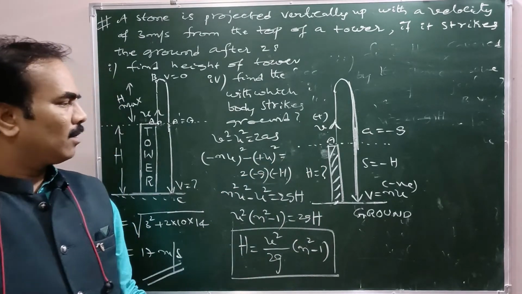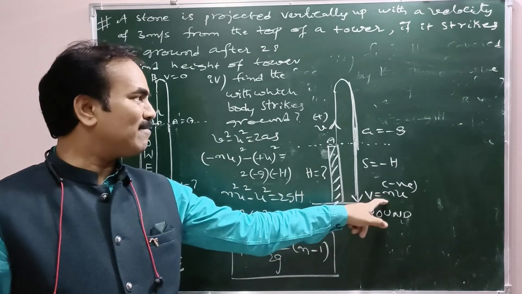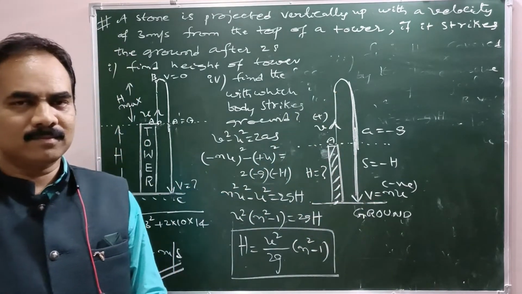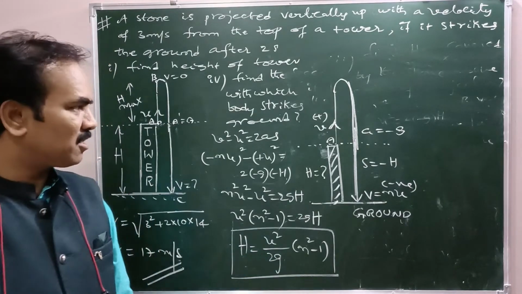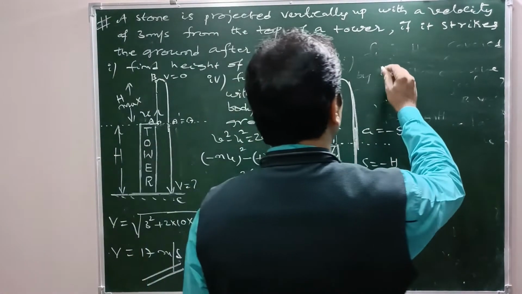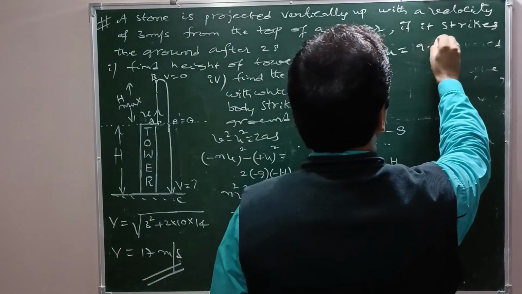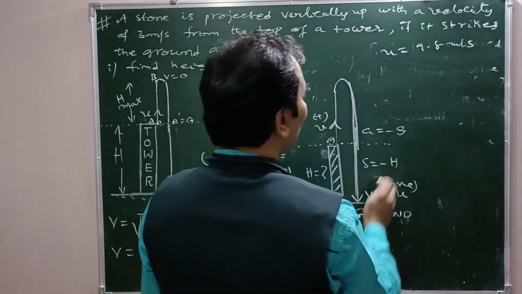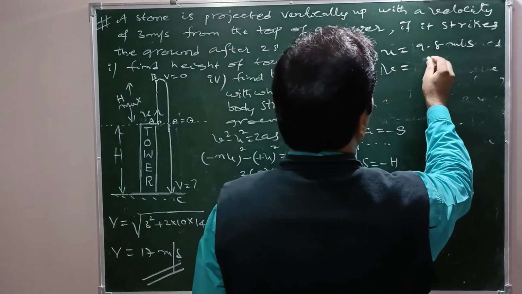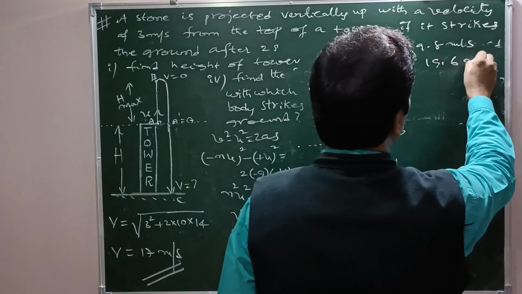In the case in which the velocity of striking the ground is n times the velocity of projection, and we need to find the height of the tower, we have to follow this expression. Suppose u equal to 9.8 meter per second and v equal to 19.6 meter per second.